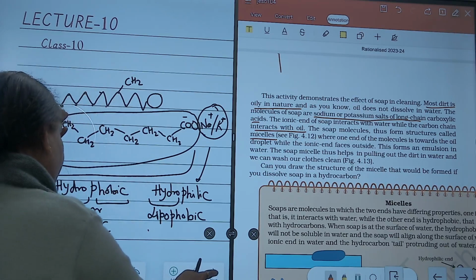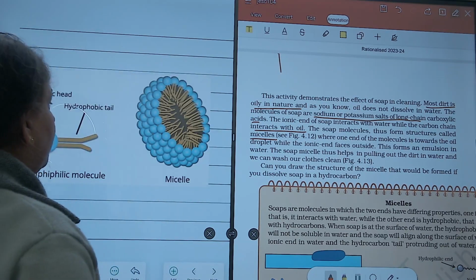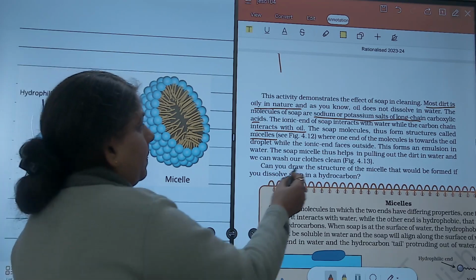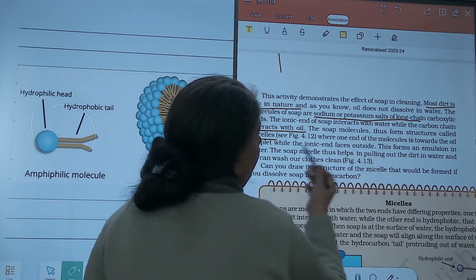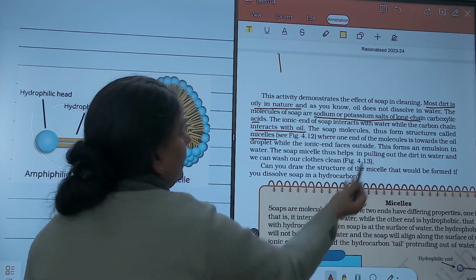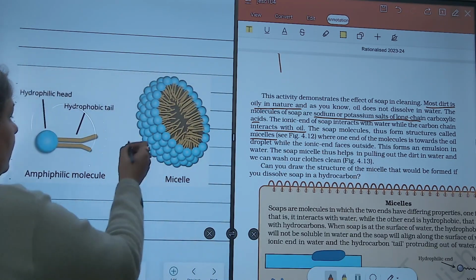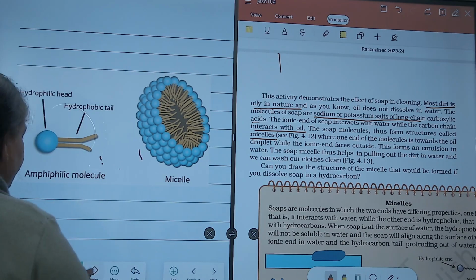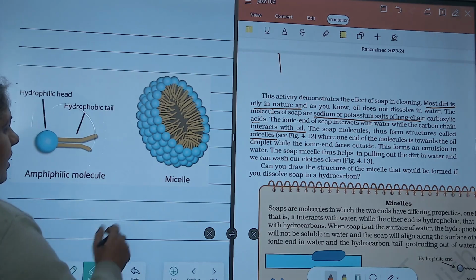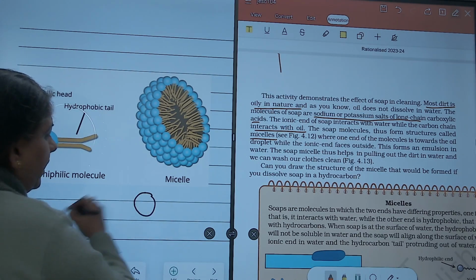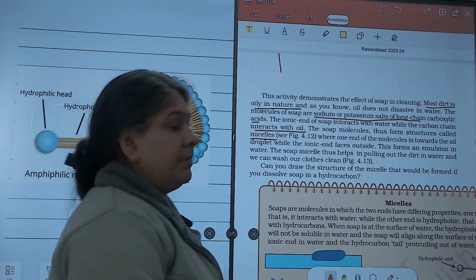Next we see what a micelle is. This is the structure of a micelle, where one end of the molecule is towards the oil droplet while the ionic end is outward. If we understand what a micelle is, see, dirt is basically oily in nature.